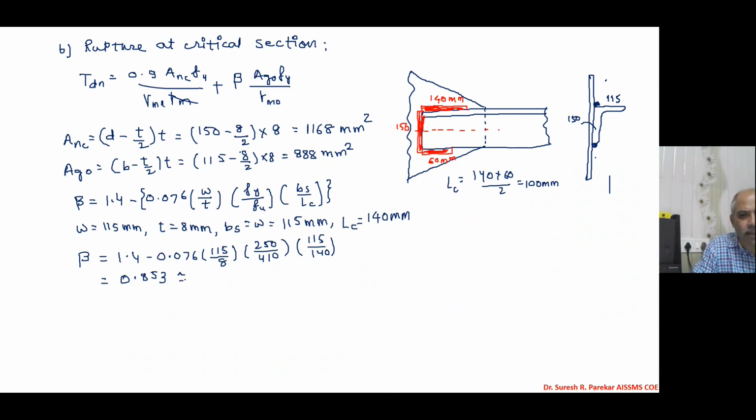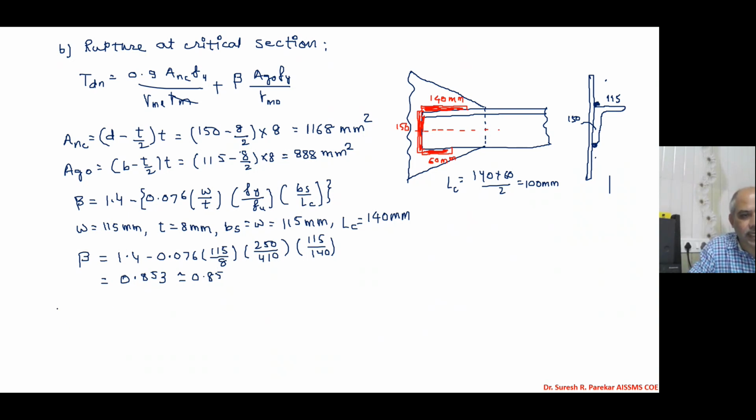So we will consider it 0.85. We can check it once: 115 upon 8 multiplied by 250 divided by 410 multiplied by 115 divided by 140 into 0.076 and plus 1.4. So it comes 0.85.